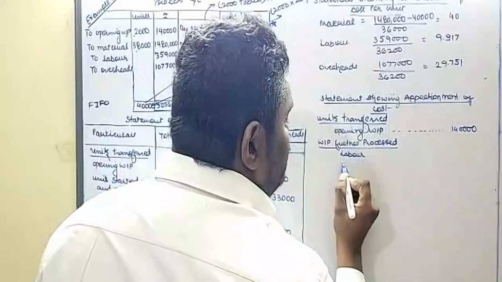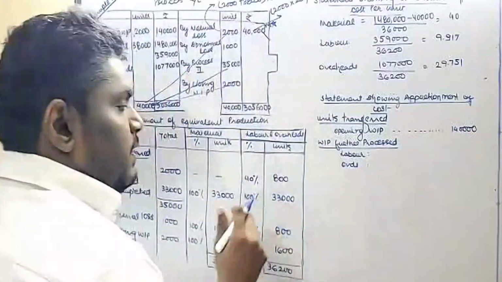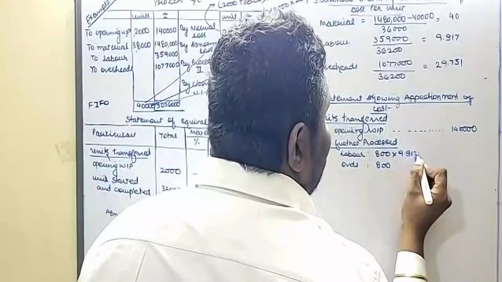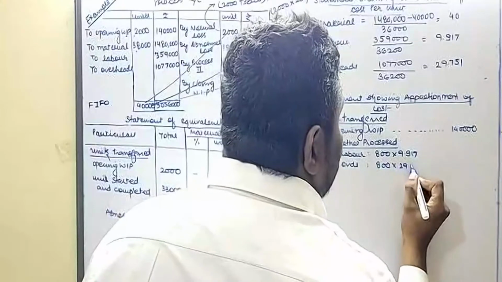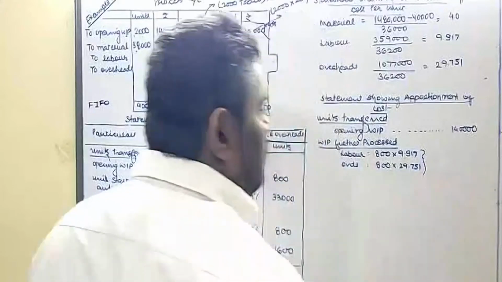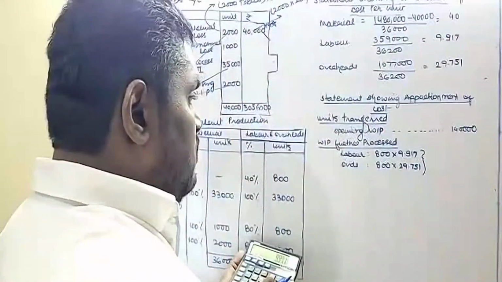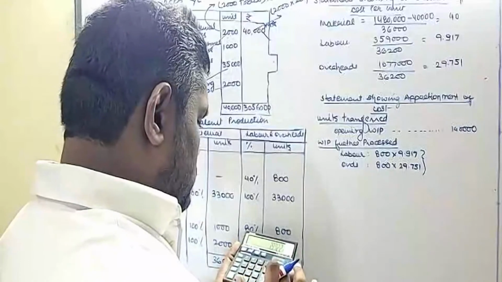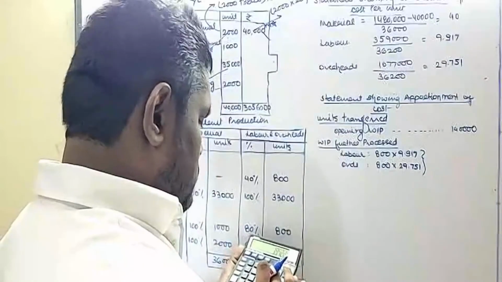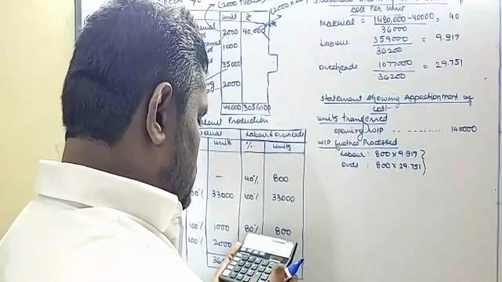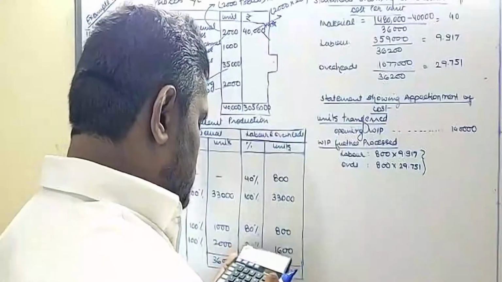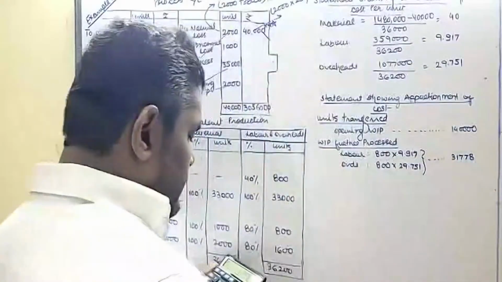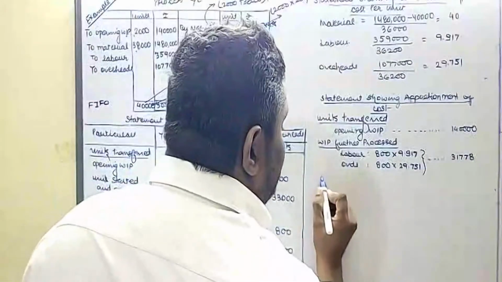So the equivalent number of units is 800, so 800 into 9.917 and 29.751. So this will be 3.1778.